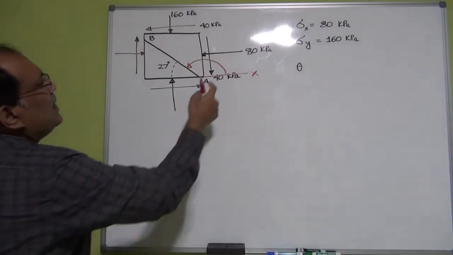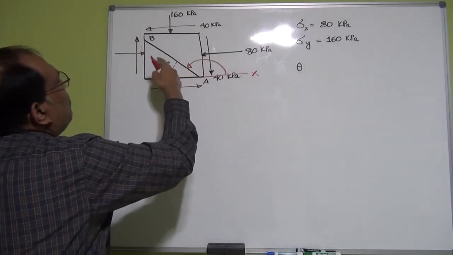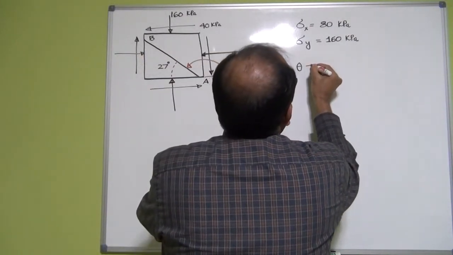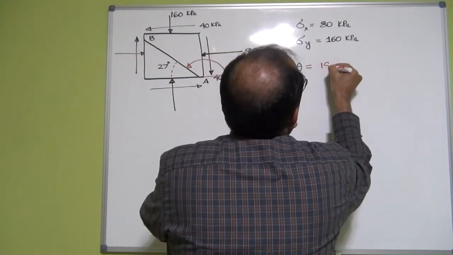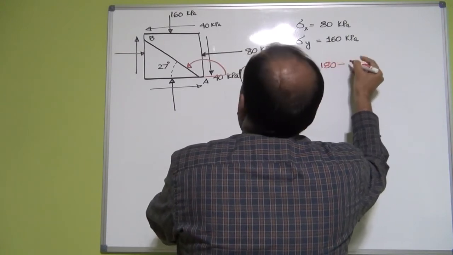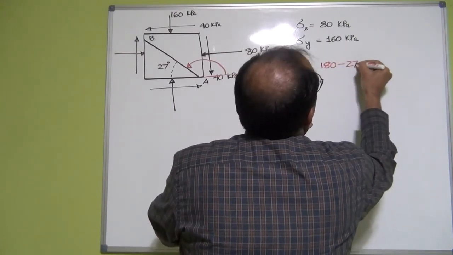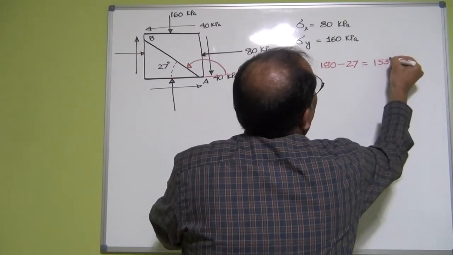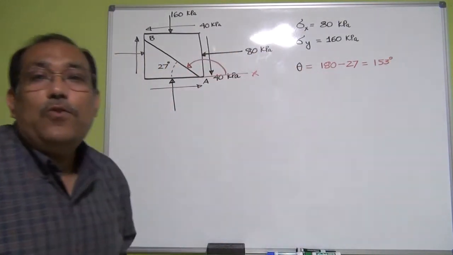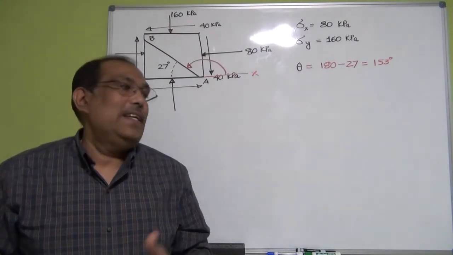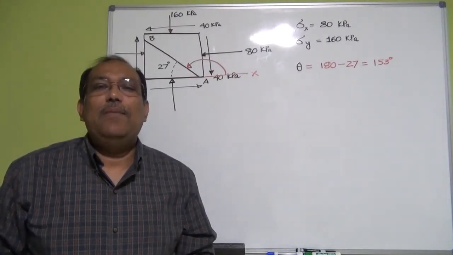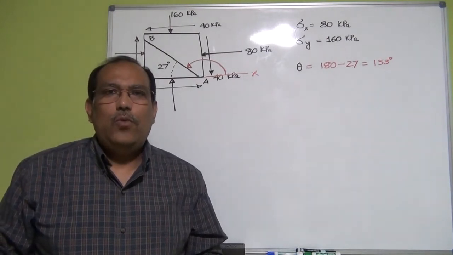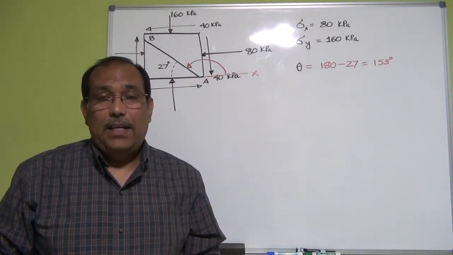So you can see this is 180 minus 27, so I can say that angle is 153. Now if you make any mistake in finding the angle, then basically your whole problem will be wrong. So we have to be very careful about that.